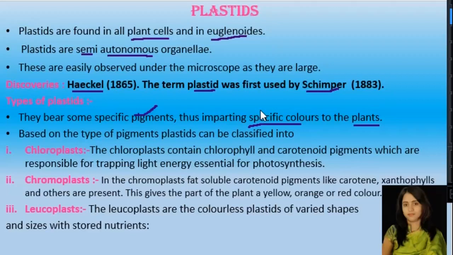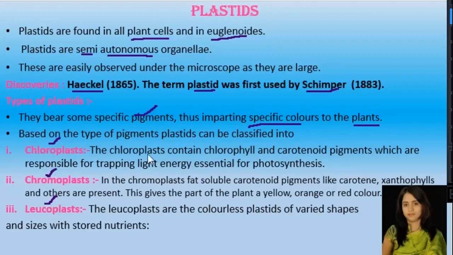This is all because of the presence of different colored plastids. Based on the type of pigments present, plastids can be classified into three types. One is chloroplast, second is chromoplast, third is leukoplast.